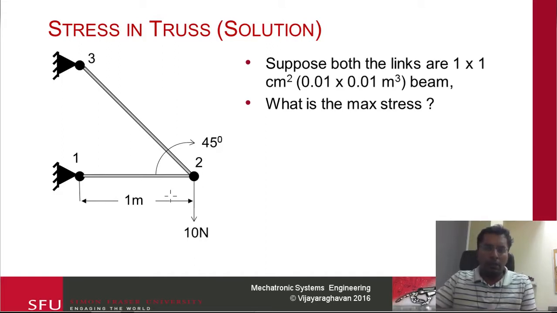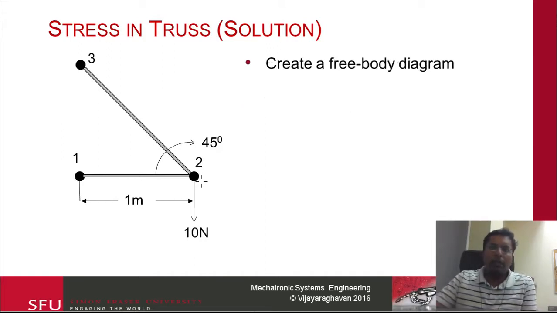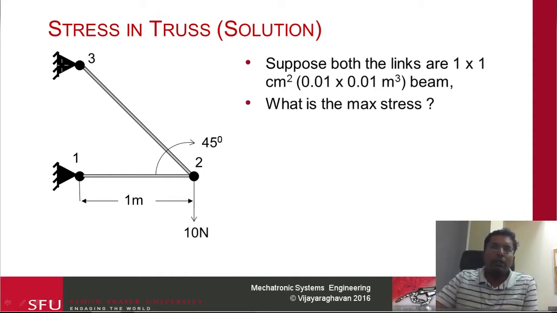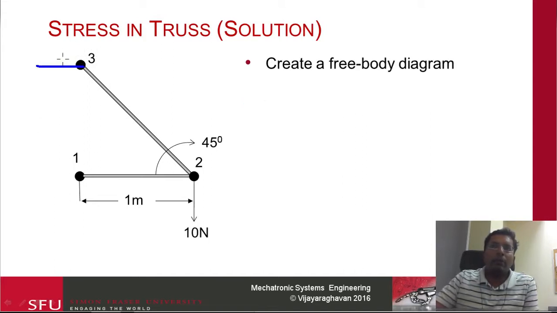So what I'm going to do now is calculate the equilibrium. Essentially the first thing I do is get rid of the supports. So this is basically going to restrict it from moving along the X and the Y direction. Same goes here. So basically then I would apply two forces here. Same thing over here.